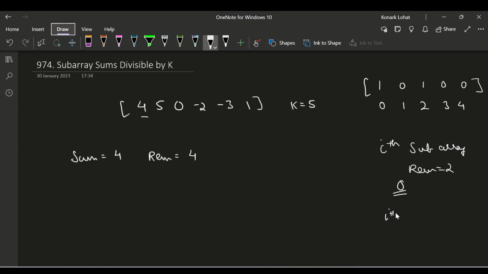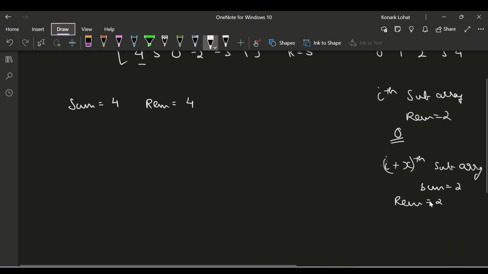But after, let's say, i plus x iteration, the subarray sum is again equal to 2. In that case the remainder will be the same, that is 2.